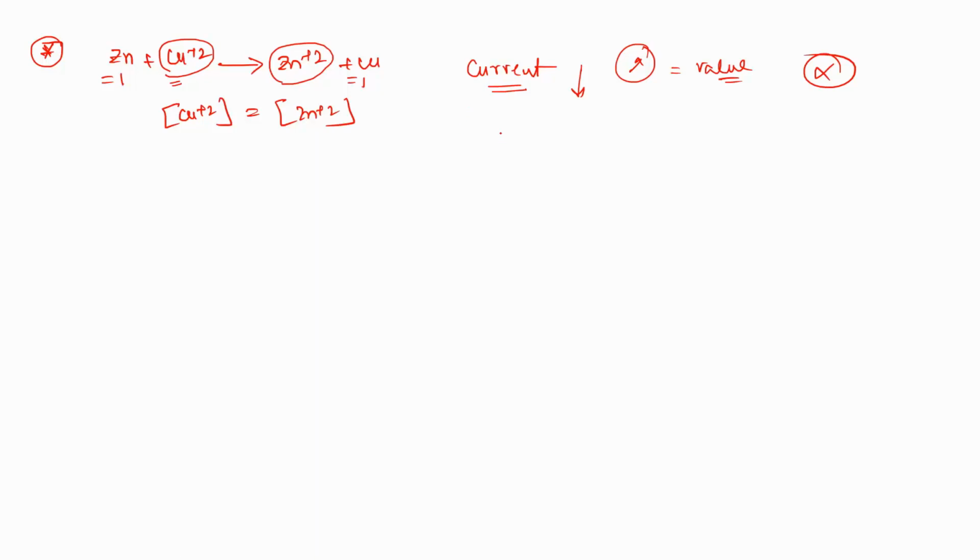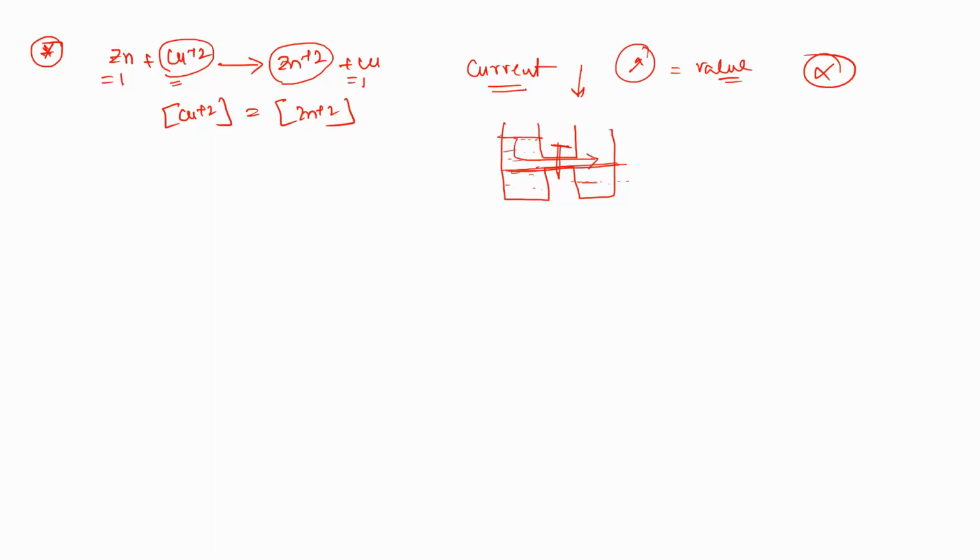Suppose there are two buckets with some water, with the water level higher on one side, and there is a stopper between them. When we open this stopper, some water will flow from one side to the other. But when the level is the same in the two buckets, there will be no flow of water.